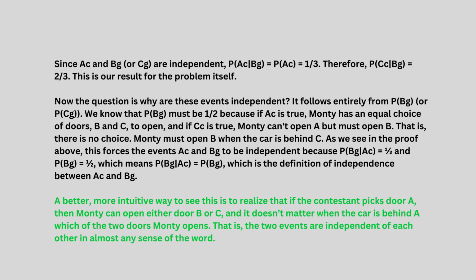A better, more intuitive way to see this is to realize that if the contestant picks door A, then Monty can open either door B or C, and it does not matter when the car is behind A which of the two doors Monty opens. That is, the two events are independent of each other in almost every sense of the word.